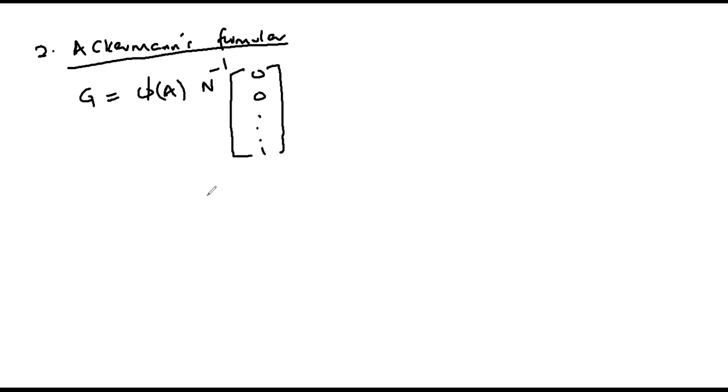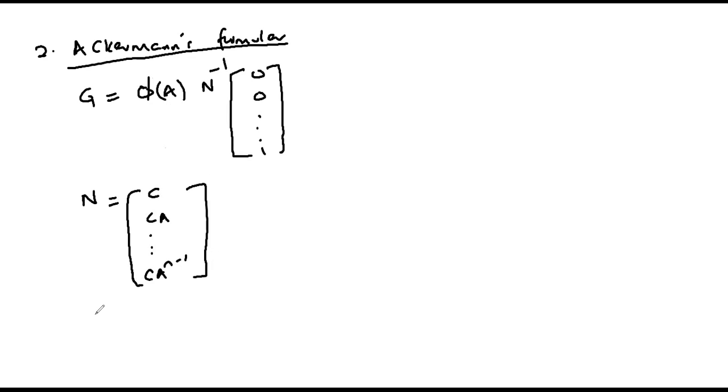This is the Ackermann's formula for the determination of G, where N is the observability matrix defined by C, CA, all the way to CA power n minus 1. N is the observability matrix that we determine when we are testing observability.